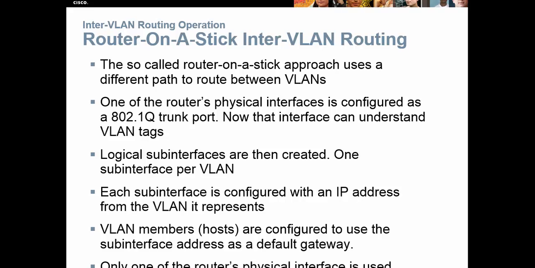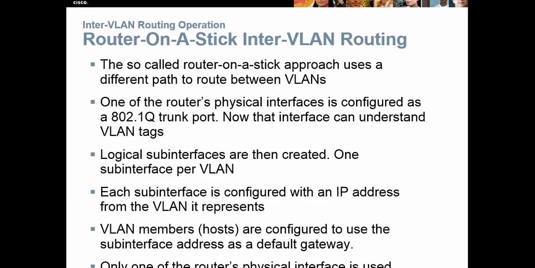Now let's look at router on a stick. The so-called router on a stick approach uses different paths to route between VLANs. One of the router's physical interfaces is configured as an 802.1q trunk port, and now that interface can understand VLAN tags. Logical sub-interfaces are then created, one sub-interface per VLAN.